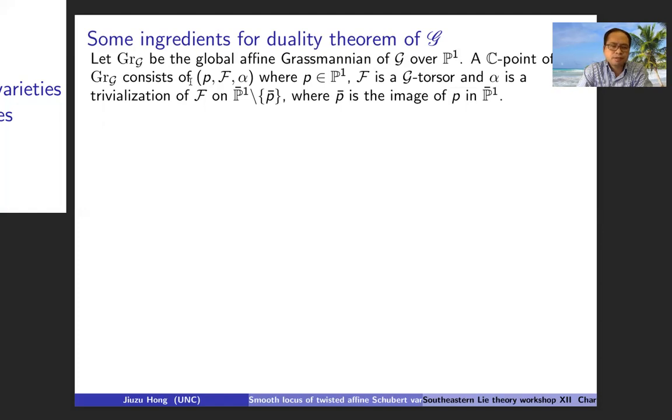The C-point consists of a triple: p is a point in P1, F is a G-torsor, similar to a vector bundle, and alpha is a trivialization of this G-torsor outside p. Again, F is a G-torsor on P1 bar, where P1 bar is the quotient of P1, and p bar is the image of p in P1 bar. So the trivialization will be on P1 bar, excluding p bar.